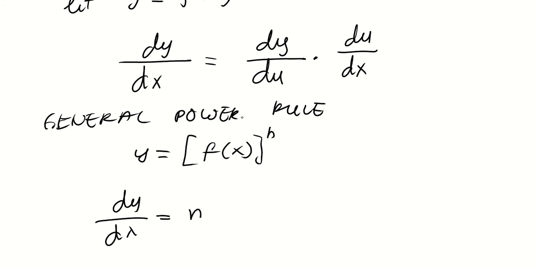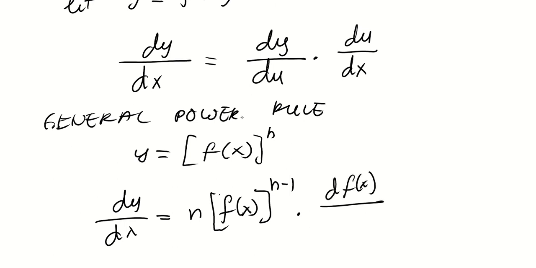You multiply it with f of x, general power rule, then you subtract 1 from the exponent. But because of the chain rule, this is not yet done. This is just dy over du. So we need to multiply it with du/dx, or the derivative of f of x with respect to x.